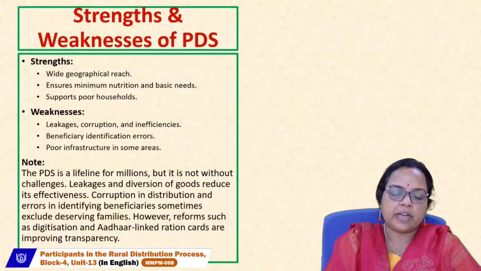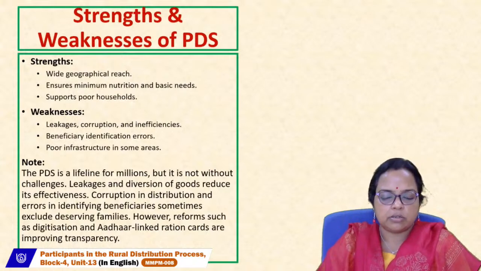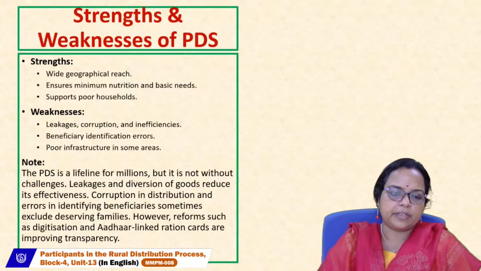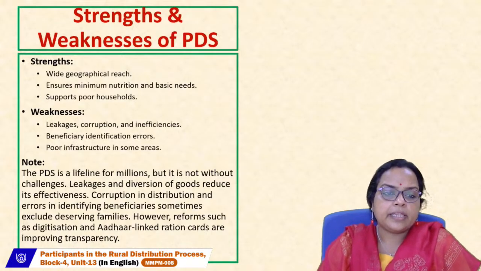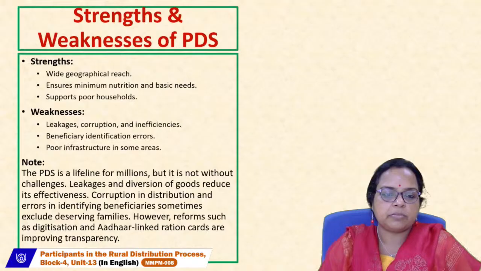Among the strengths, these shops are available in most locations, in each village, so people easily come to the shop to purchase daily required products. They also ensure the minimum nutrition and basic needs of the people. So the PDS is a major support for poor households.